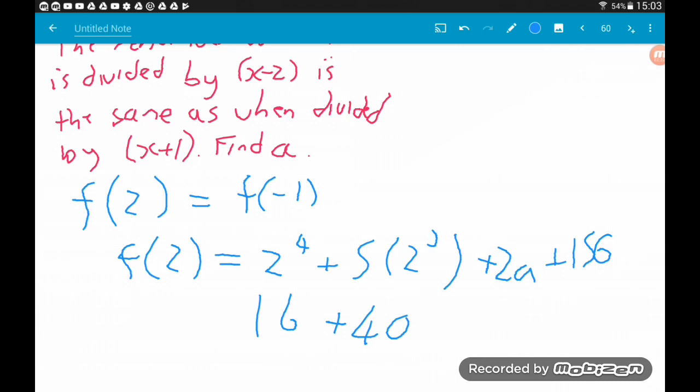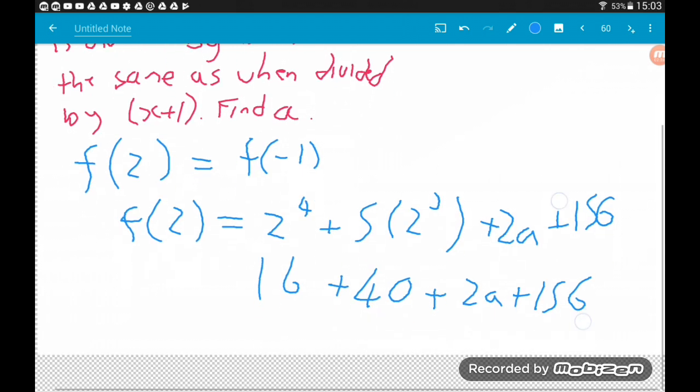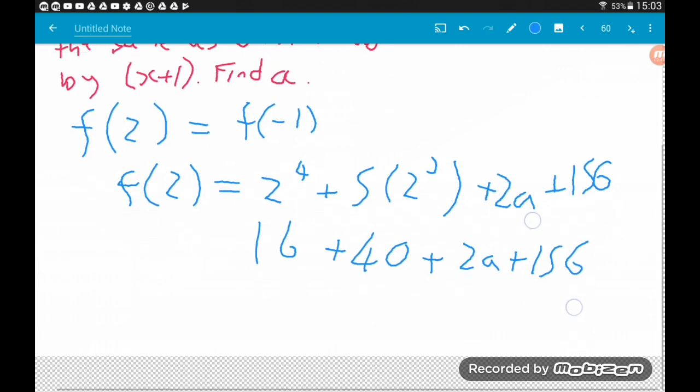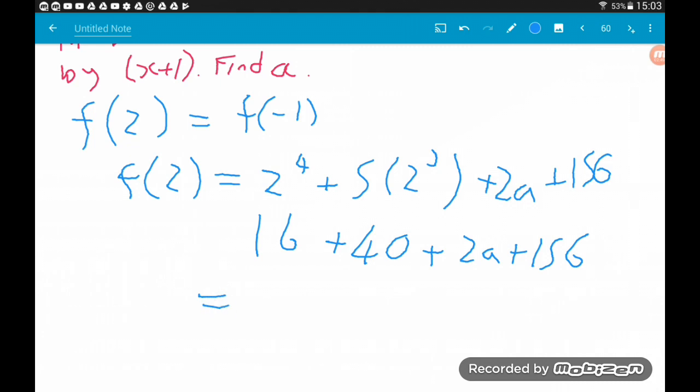Then we got 2a plus 156. So 16 add 40 is 56. 56 add 156 is going to be 212. So we've got 2a plus 212 is f of 2.